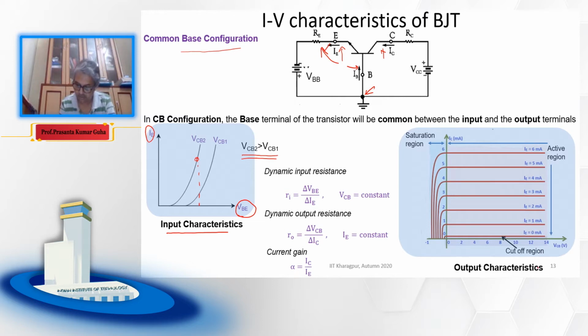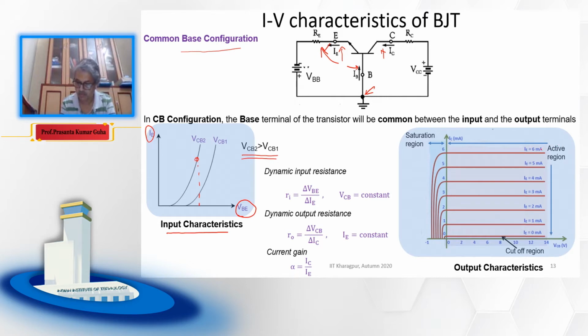Now we have also discussed yesterday the output characteristics of the BJT in this common base configuration, where we mentioned there are three regions. One is forward active region or active region, which is basically where the base emitter junction is forward bias and base collector junction is reverse bias.